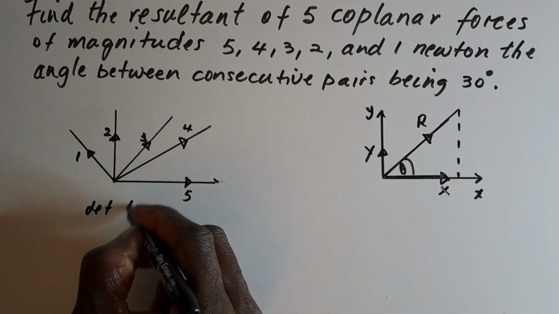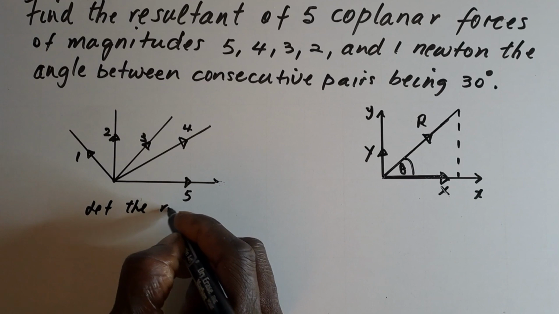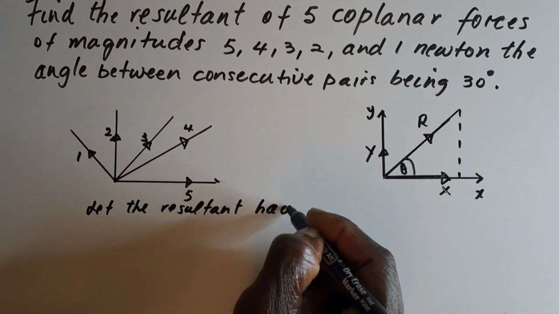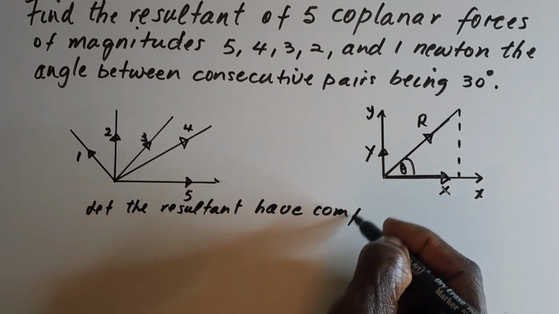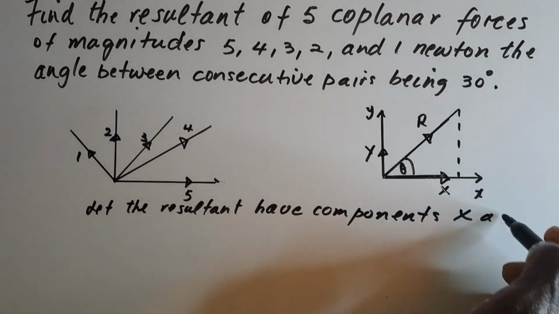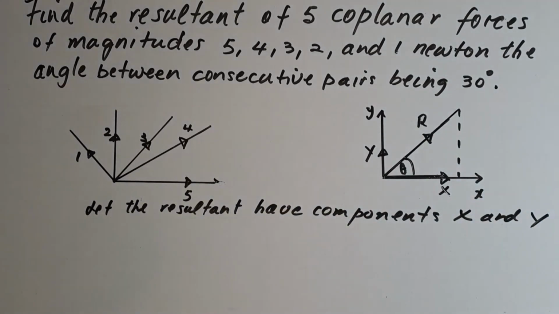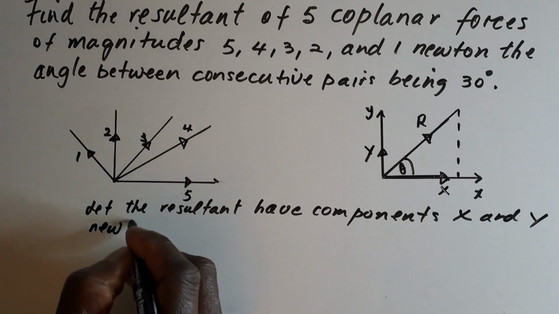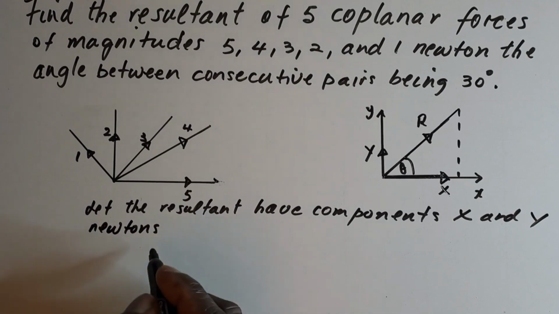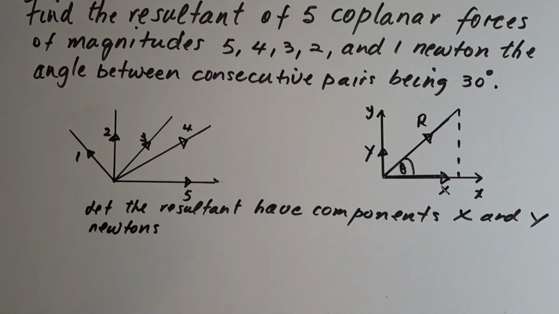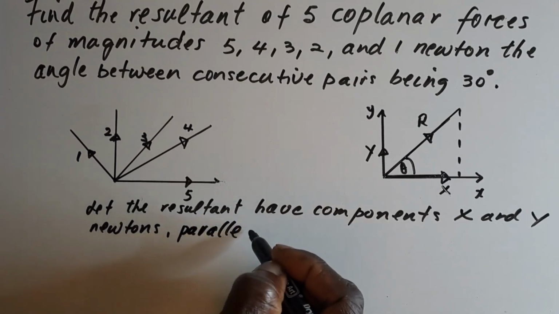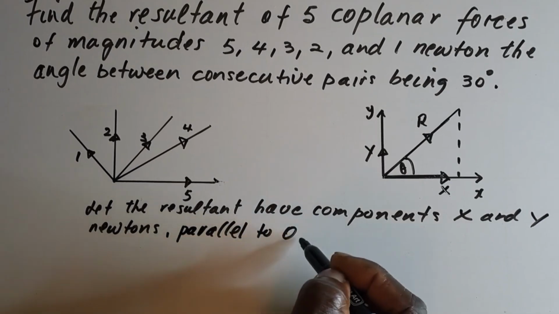Let the resultant have components X and Y newtons, and this X and Y is parallel to OX and OY respectively.